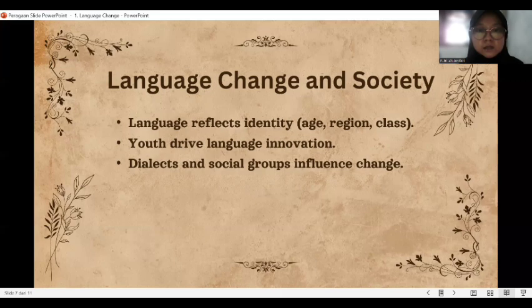Youth drive language innovation, young people are often the first to create or adopt new words. And the last is dialect and social groups influence changes. Local varieties may influence pronunciation and word choice.